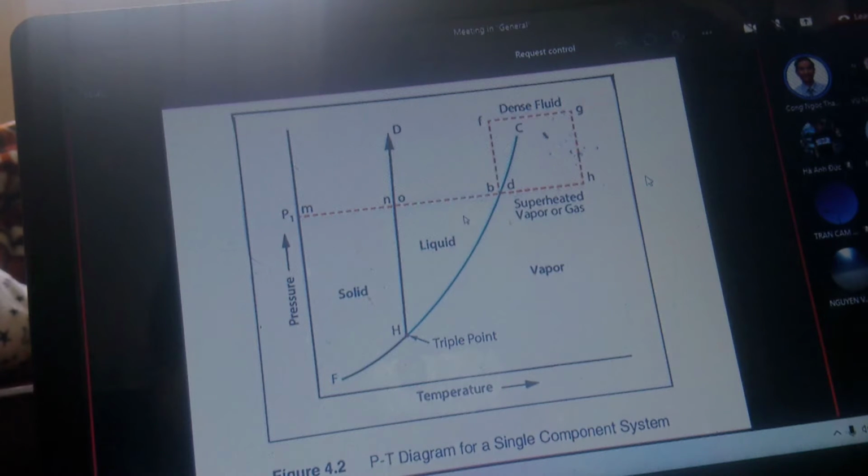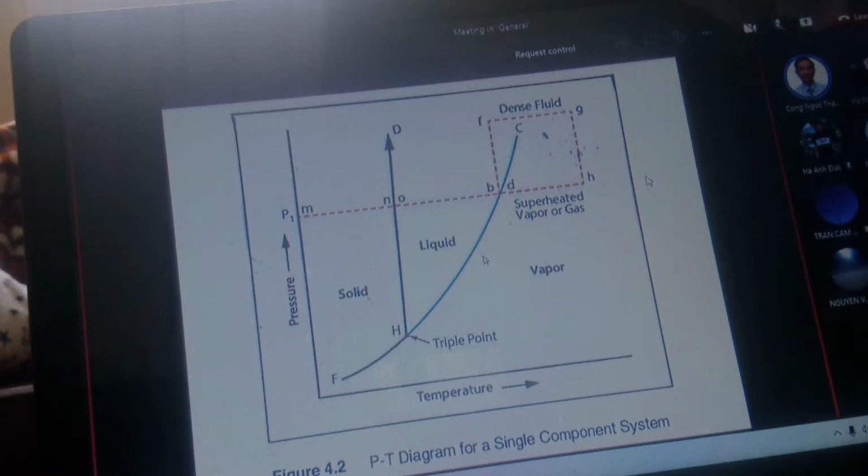For this chapter, we mainly concentrate on two phases, liquid and vapor system, for this reason: we have a mixture of gas and now we would like to separate it into different components or fractions.